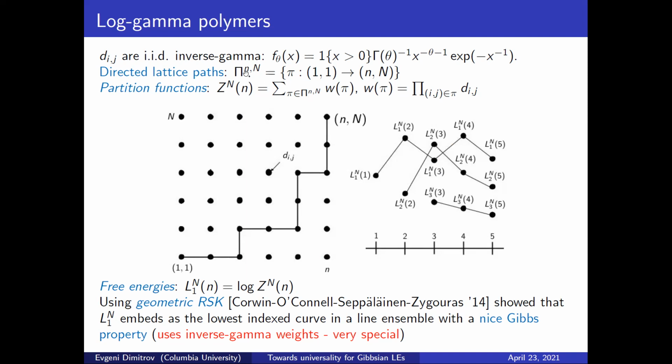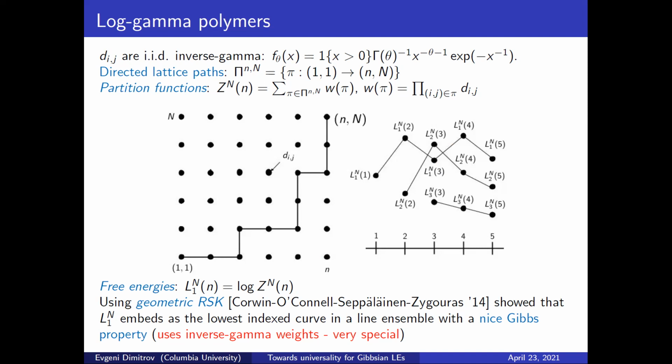And if you take the logarithm of the partition function, you obtain what's called the free energy, or the point-to-point free energy for this polymer model. The way to think about this is as a function of little n. So for each little n, where little n is 1, 2, 3, 4, 5, and so on, I can compute this quantity. And it's going to be some random number. And then I'm going to plot it here. And then for good measure, I'm going to linearly interpolate these points. And in this way, I obtain a random continuous function.